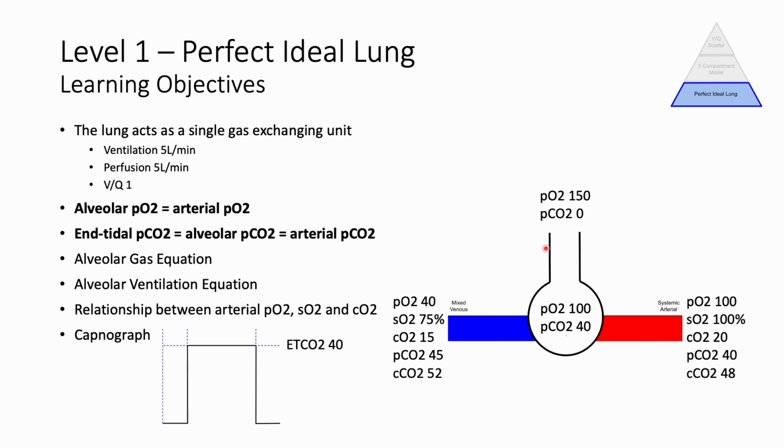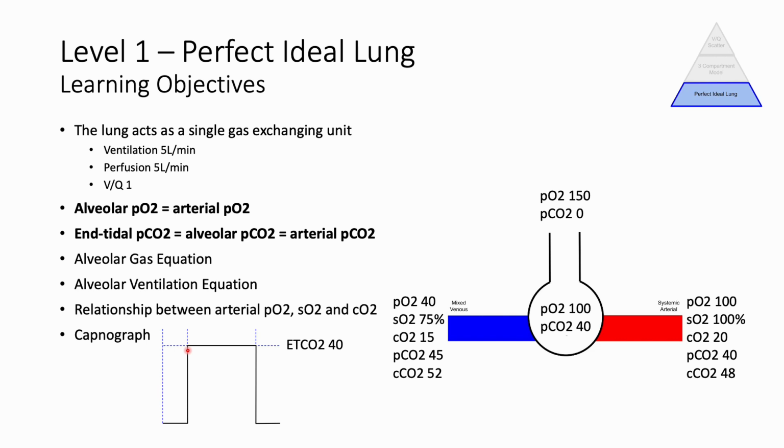So once all of the anatomical dead space gases come out, that's followed by the alveolar gas, which has a CO2 of 40. And this is why we get an abrupt increase in CO2 up to 40.